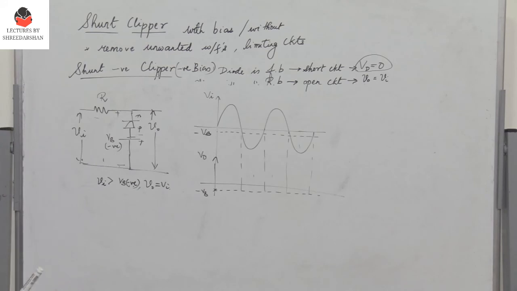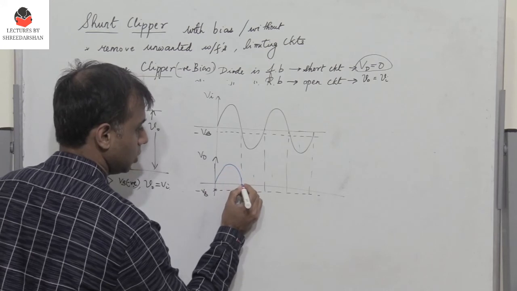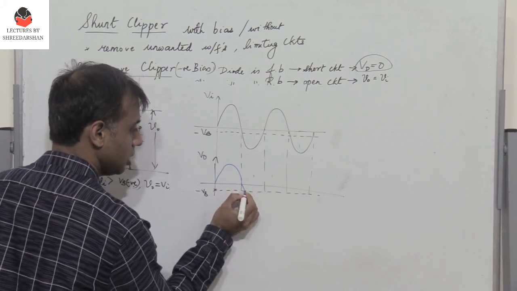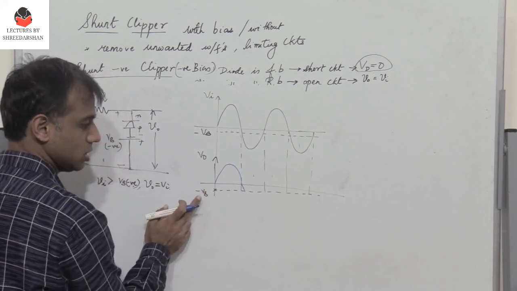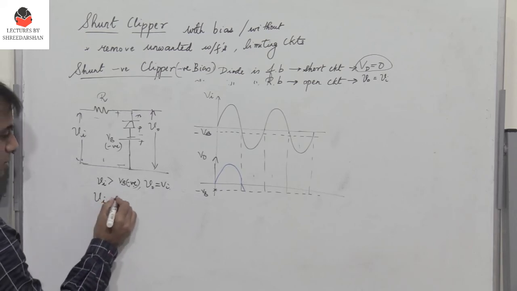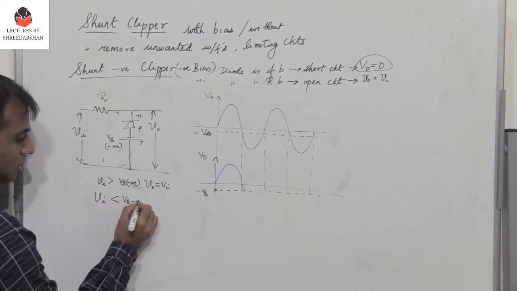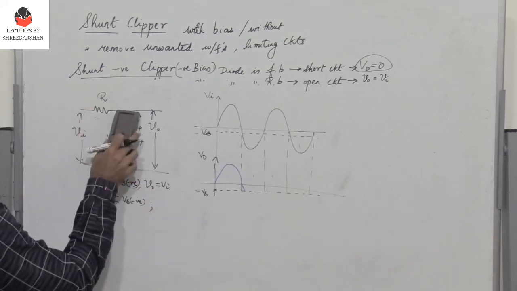As long as the input voltage is greater than VB, which is negative, the output follows the input. But when the input voltage Vi becomes less than the negative voltage VB, then what happens?